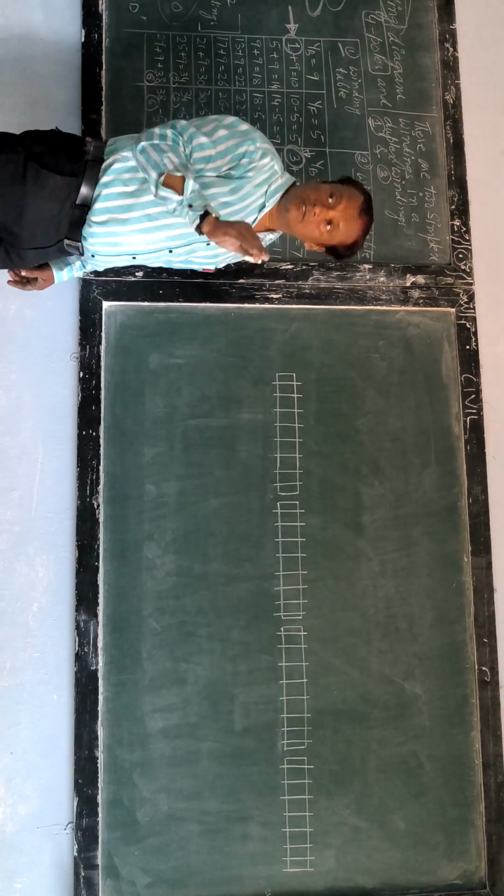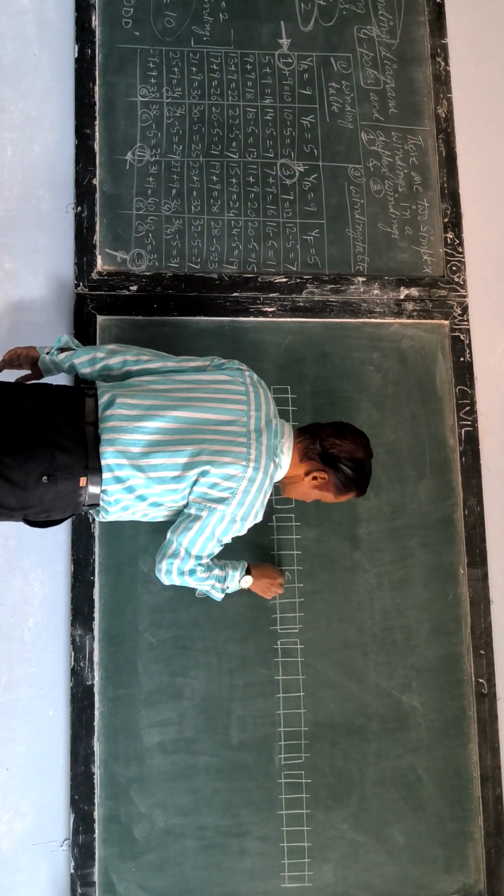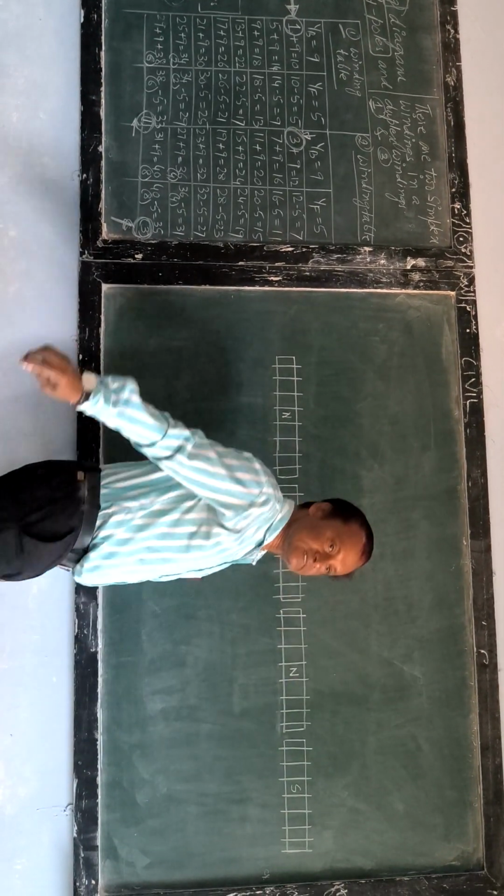So I will name the pole faces. This is north pole, this is south, this is north, the adjacent again is south.